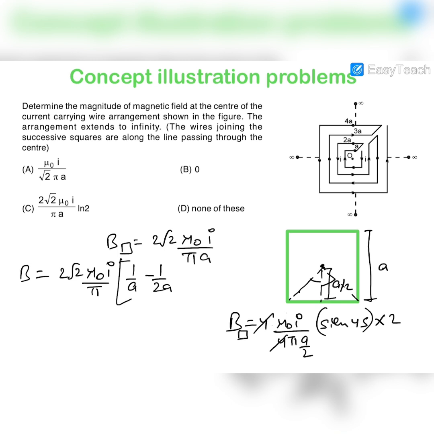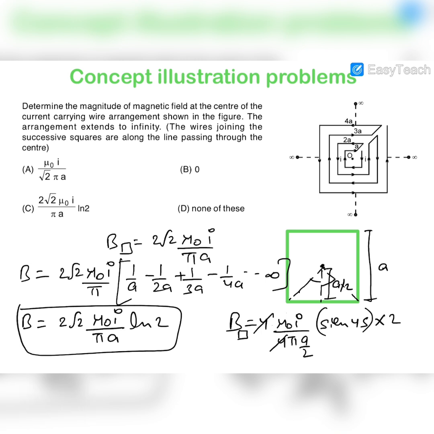This minus is due to the direction of the magnetic fields of alternate squares being different. Then plus 1 upon 3A, then minus 1 upon 4A, till infinity. We know that this is the series of ln 2. So B will be equal to 2 root 2 mu naught I by pi A ln 2. So the correct answer will be option C.